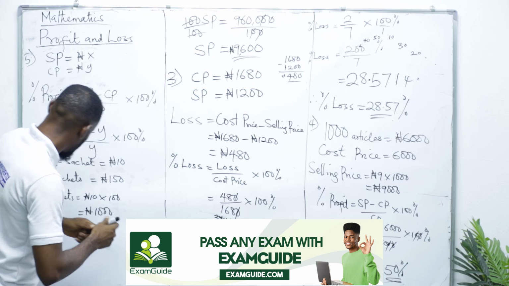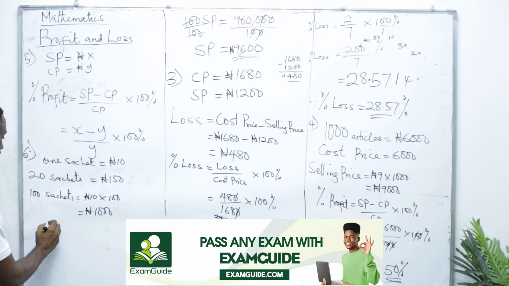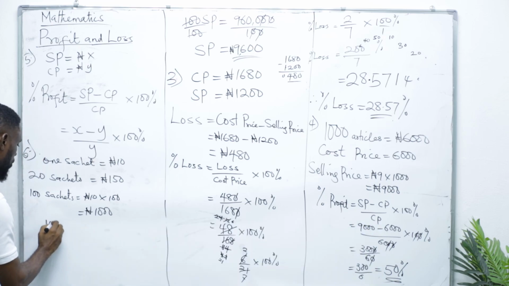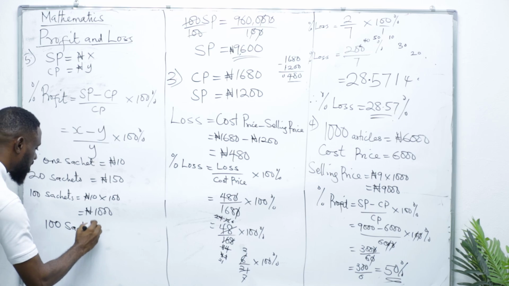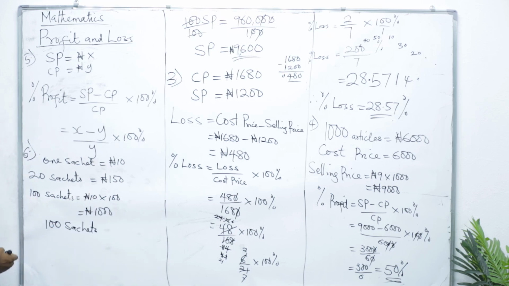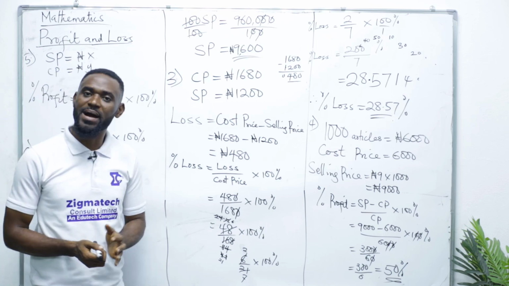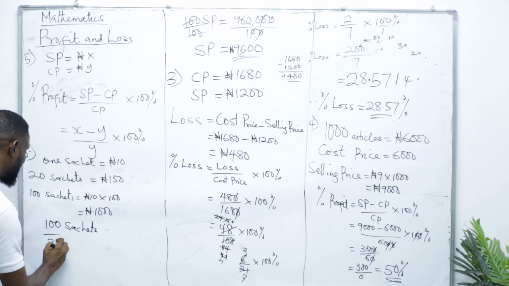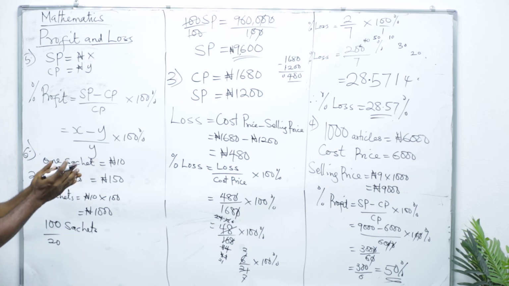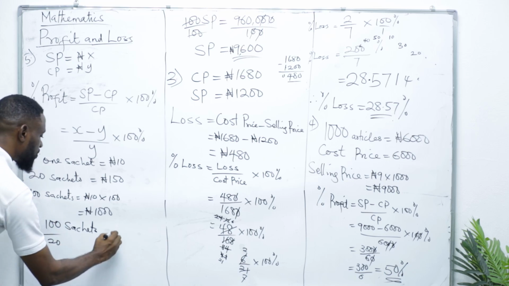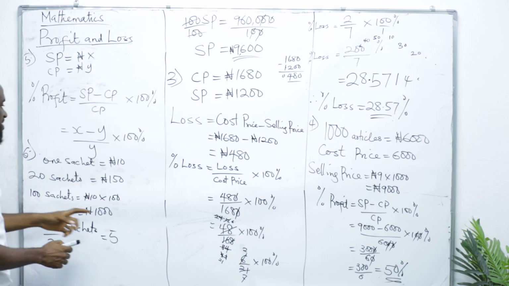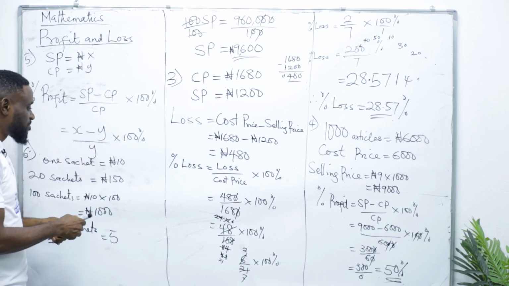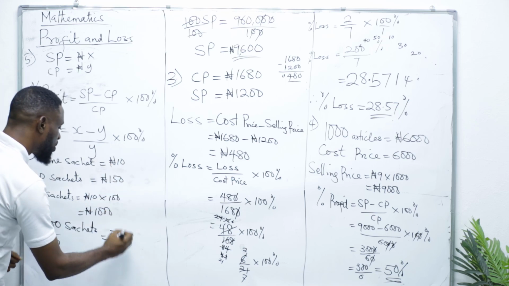So this person buys 100 sachets of pure water, and will be wise enough to buy in 20s. So the person will say, okay, over 20, because I want to buy it in batches of 20. So it will be 5. So this person will enjoy this 150 naira for 20 in 5 places. So it means that this 150 will be multiplied by 5.